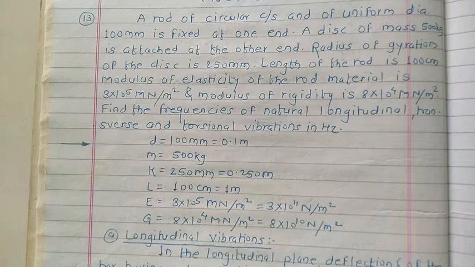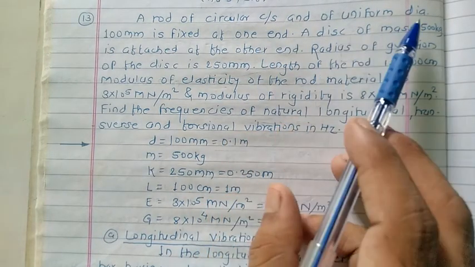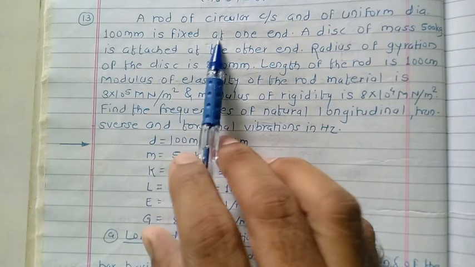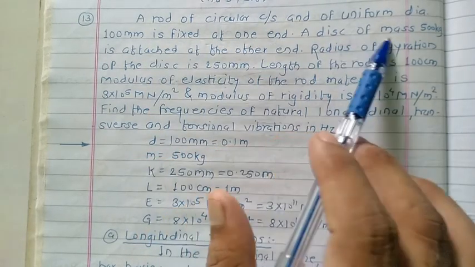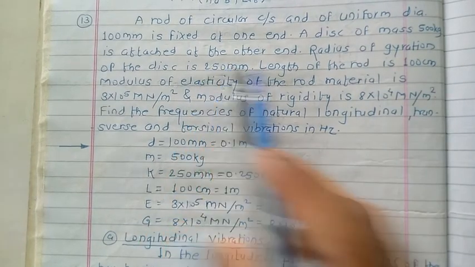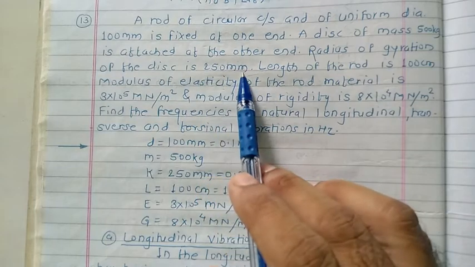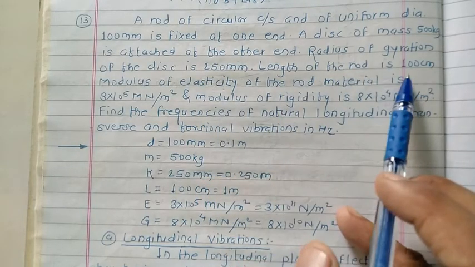Now see the next problem. A rod of circular cross section and of uniform diameter 100 mm is fixed at one end. A disc of mass 500 kg is attached at the other end. Radius of gyration of the disc is 250 mm. Length of the rod is 100 cm.